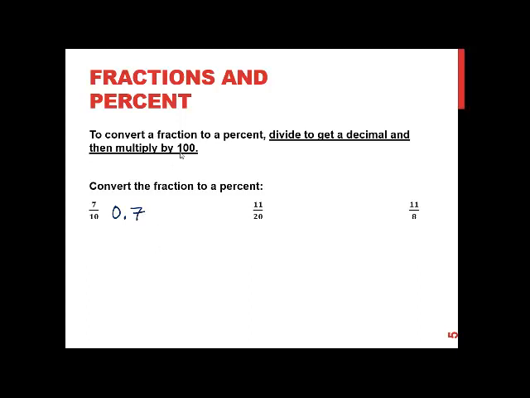And then we'll multiply by 100 to convert that into a percent. Move our decimal to the right 2 places, and that gives us 70%. Now we need to make sure we put this percent in there, because 0.7 is not the same as 70. 0.7 is the same as 70%.